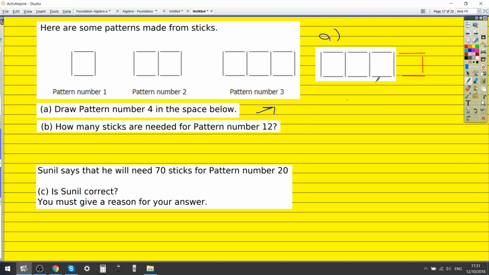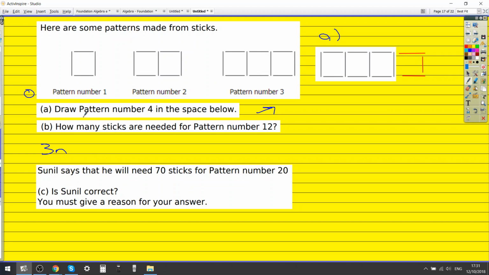The way I do it is, how many extra sticks does it add on each time, and how many sticks would be in pattern 0? Well, how many sticks are you adding on each time? So each time you're adding on 4, I'm guessing. How many sticks did we add on for A? 3. And so how do you represent that in the term to term rule? 3n. Okay, so that's 3n. And then how many sticks would there be in term 0?